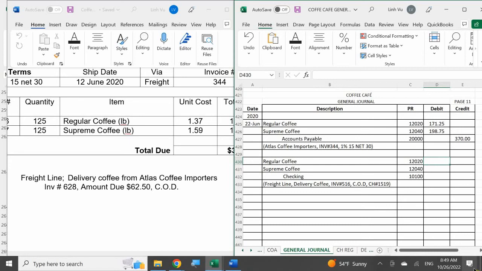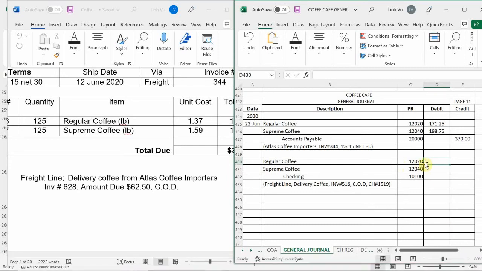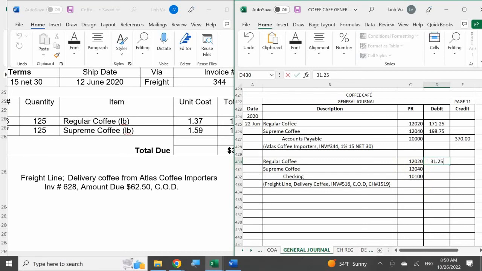In this case, I bought 125 pounds of regular coffee and 125 pounds of Supreme coffee. If shipping is based on weight, they're pretty much even. So it'd be 31.25, and we'll cut a check for 62.50.